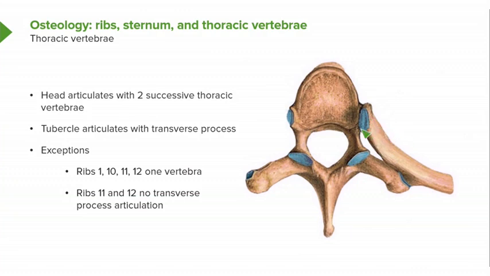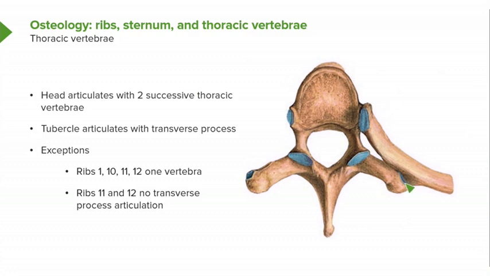So if we take a look at the example here, we have a rib, and for the purposes of explanation, let's say this happens to be rib number 6. One of the facets on the head, the more inferior one, will articulate with the 6th thoracic vertebra, as is shown in the illustration. Here is the superior facet on the head of the rib. It's going to articulate with the inferior aspect of the 5th thoracic vertebra.